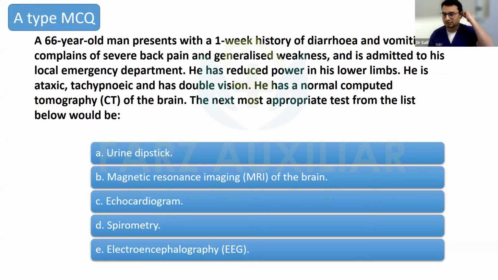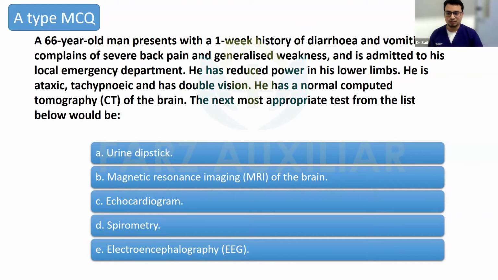So what is your diagnosis here? Okay, so this is GBS because this is ascending paralysis. However, it is not written, it is just written like a generalized weakness. But there is a double vision, ataxia, so mostly Miller-Fisher variant type neuromuscular disorder, mostly myasthenia gravis.